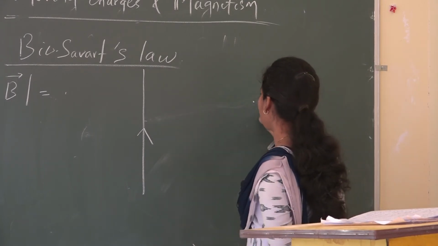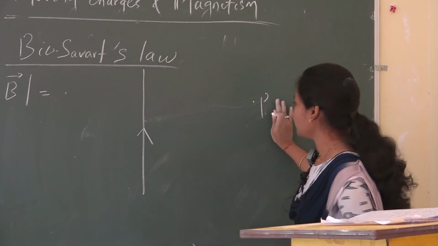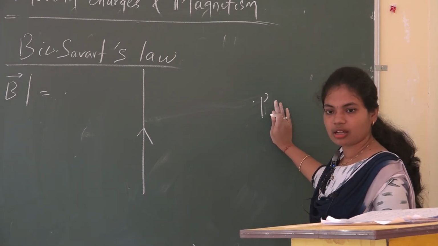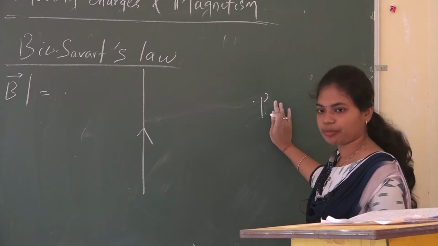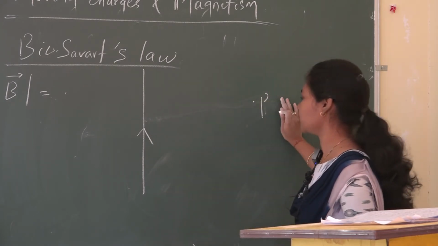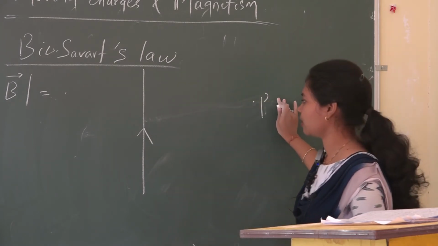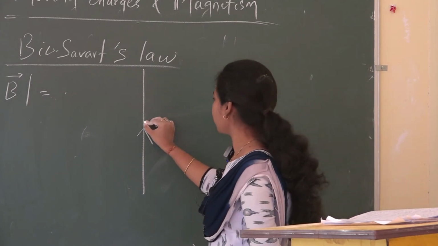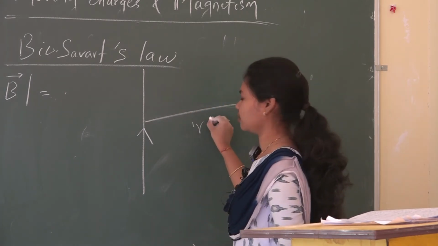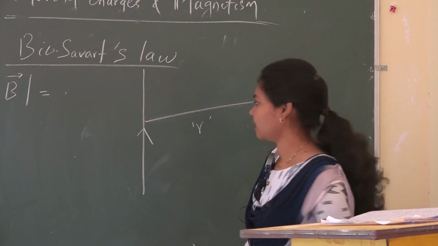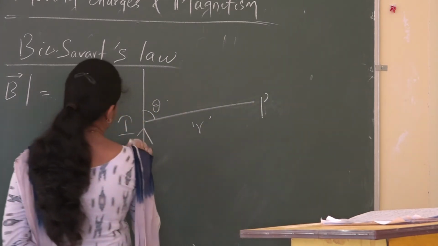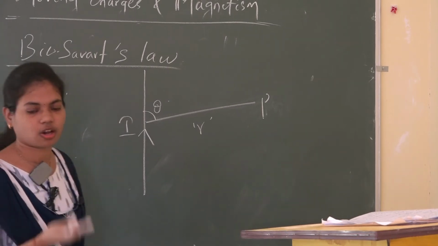We have to calculate the magnetic field at point P. The distance between the current carrying wire and the point P is, suppose, small r, and the angle is theta. The current is flowing in the upward direction.